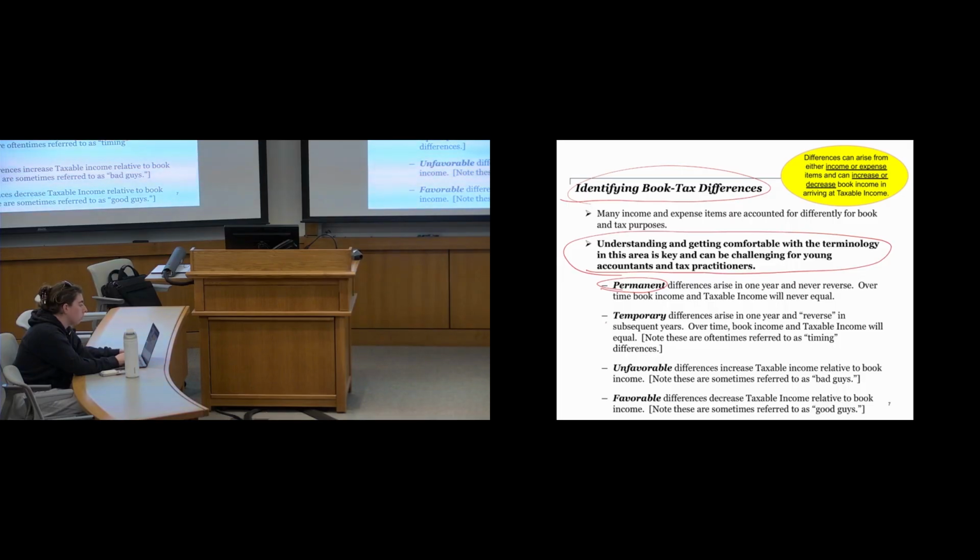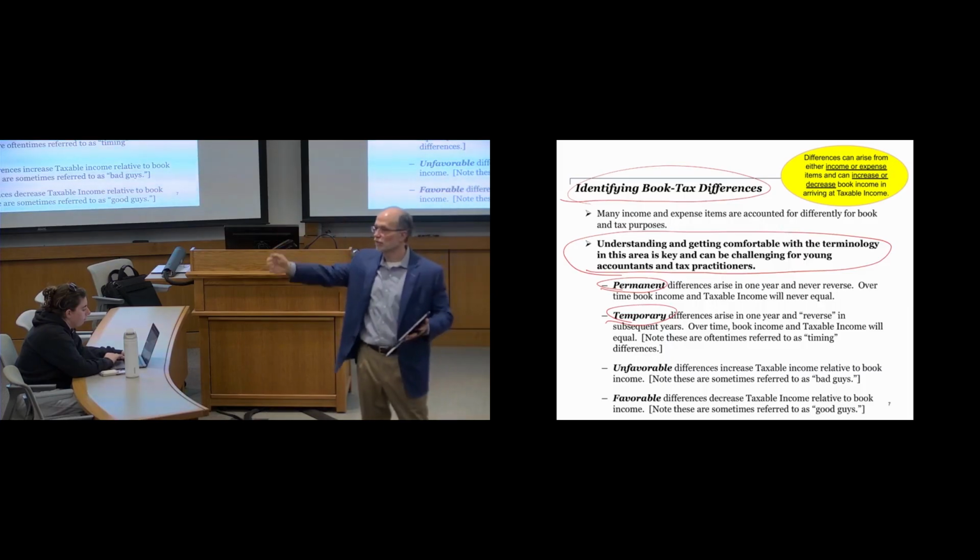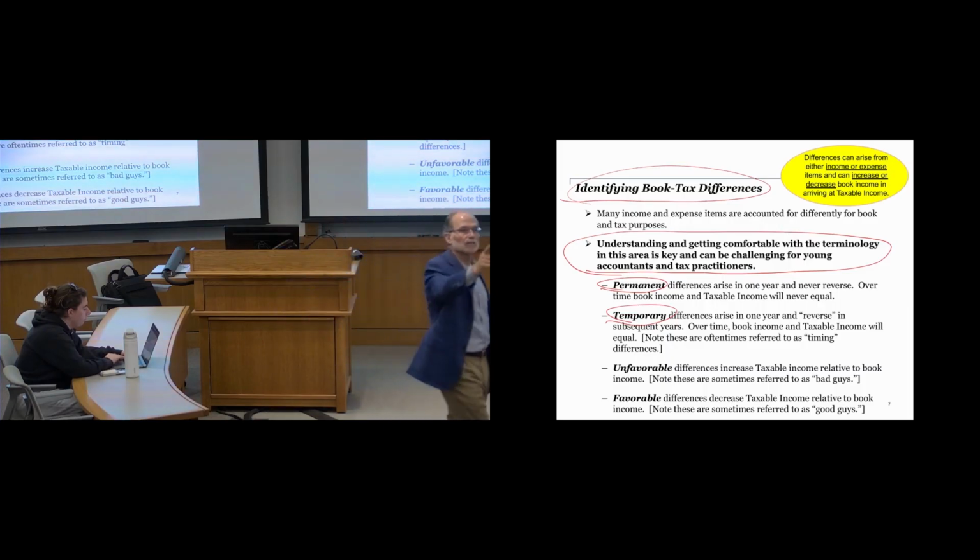You contrast that with a temporary difference. A temporary difference is sometimes called a timing difference, and they do equal at a certain point in time. Think of depreciation. If you buy a piece of equipment, the starting basis is going to be exactly the same for book and tax. If I purchase equipment for $1 million, it starts off on the books as $1 million.